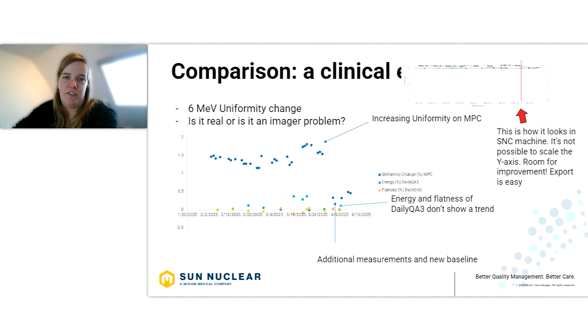There's a little disadvantage. The figure on the right here shows how this looks in the SunCHECK software. It's not possible to scale the y-axis, which makes it very hard to distinguish between the results. It is, however, very easy to export it to Excel, but there's a little room for improvement.